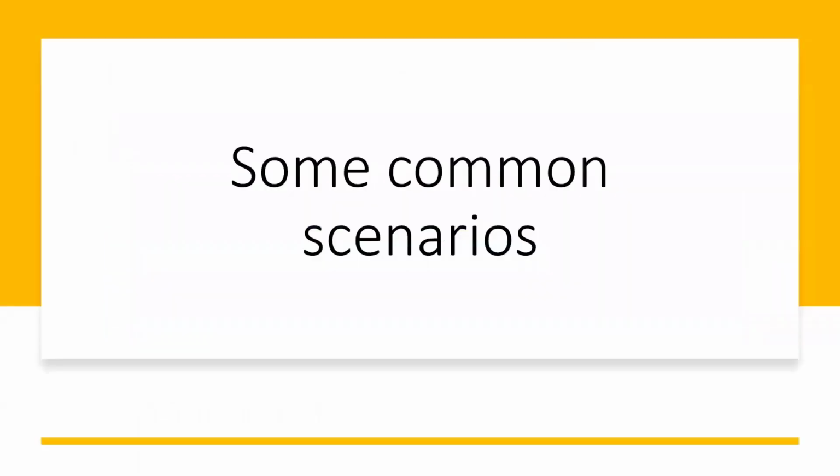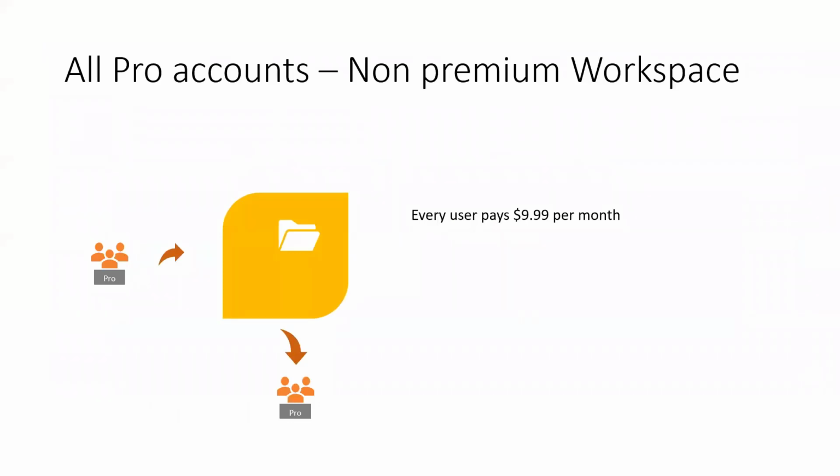So what are some of the common scenarios for companies in terms of the user licenses and workspace? One scenario is if you don't have a large organization and you don't want to buy a premium capacity, then you can give everybody a pro license. Everybody, whether they're a consumer or publisher, will pay $9.99. And this works for some organizations.